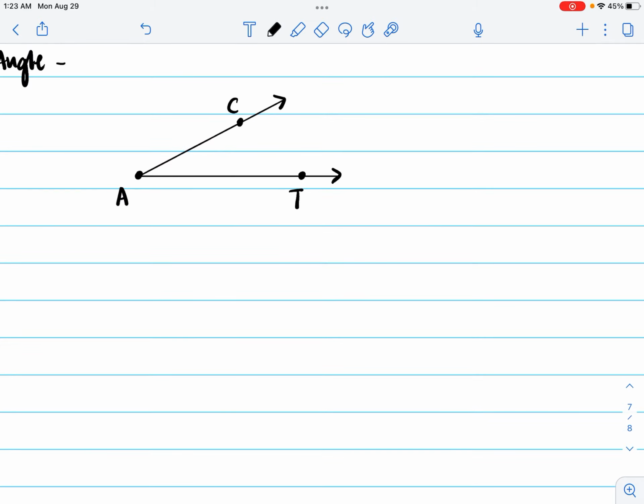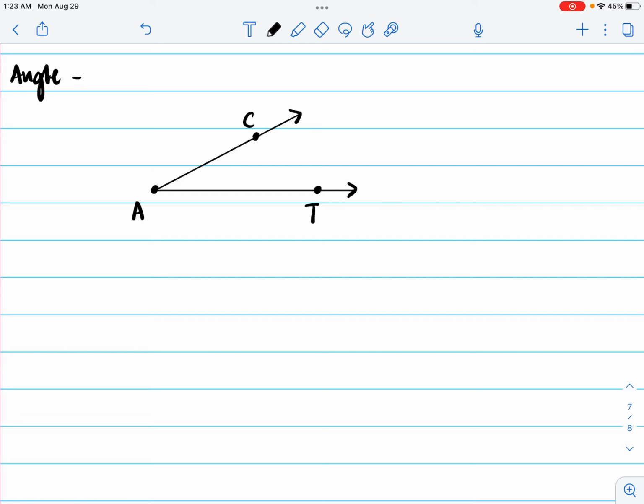So, for instance, let's draw another ray, and I'll put a point here, and let's call this one A and T. Now, like I said, a ray by itself is not an angle, but what happens if I add another ray? And let's put in here a C. Well, we now have an angle.